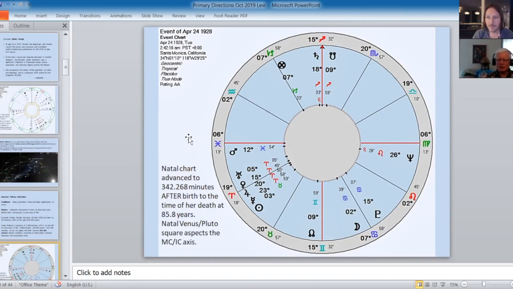Ptolemy was working as if the year had just 360 days, 1 day for each degree. And Nibod said, well, really, that's not true, because there's 365 and a quarter days in a year. So the real ratio is we have to take 1 degree, or 360 degrees divided by 365 and a quarter, and get the true ratio.